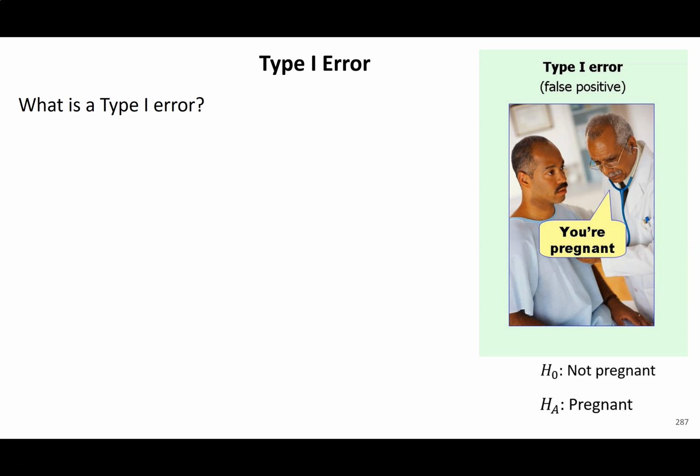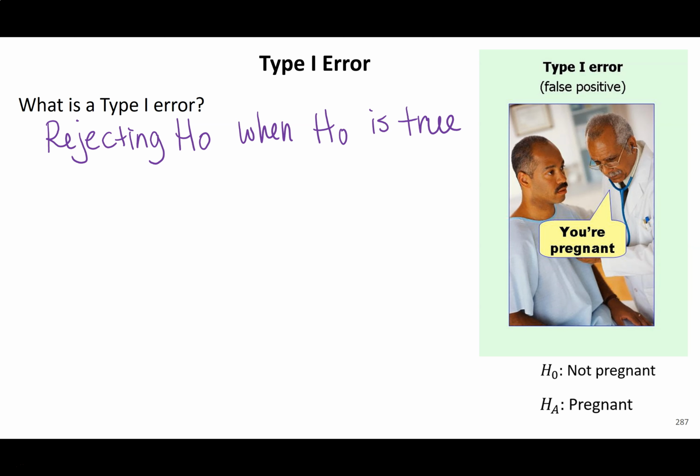So type 1 error is rejecting the null hypothesis when the null is true. It's a false positive.